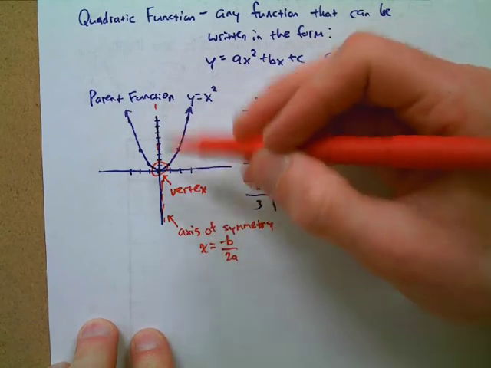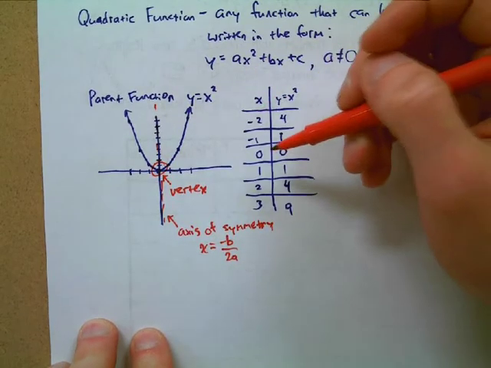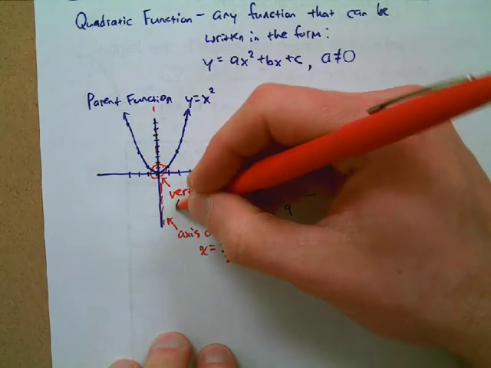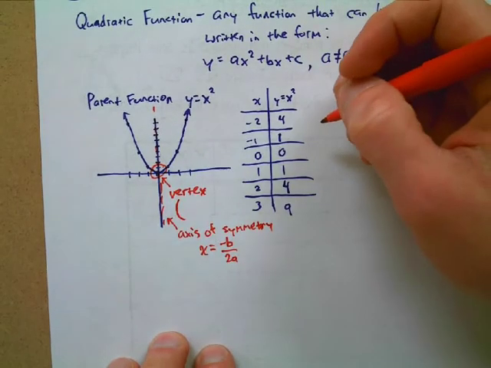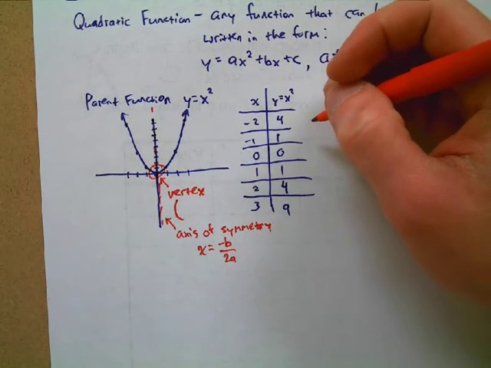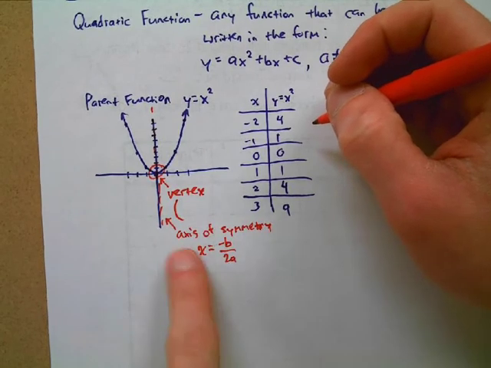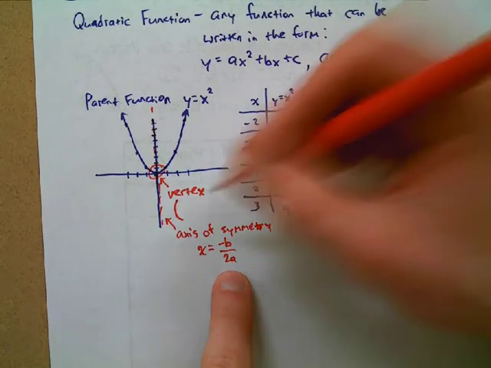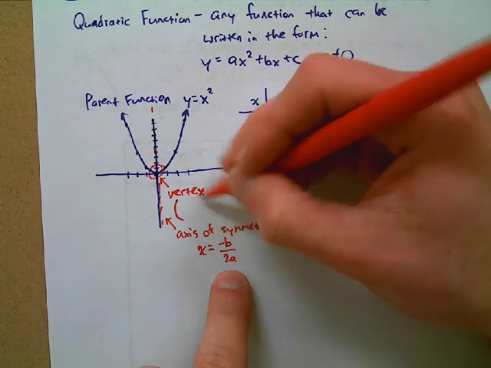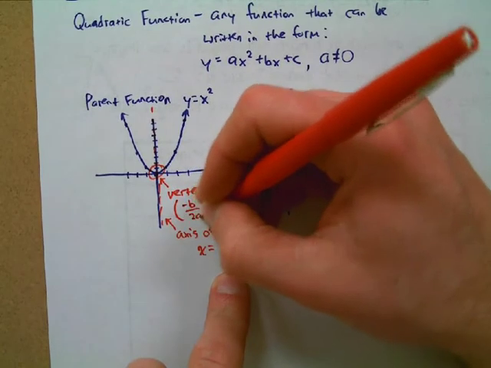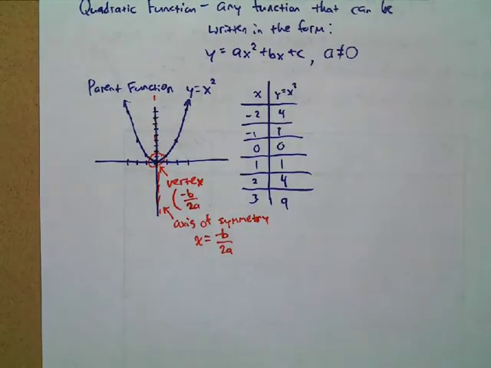The vertex is the center of the parabola, which means the x-coordinate for the vertex will always be what? Well, in this case it's 0, but if it's transformed, it might not be 0. If we know our axis of symmetry is always of this form, x equals negative b over 2a, that means the x-coordinate for the vertex will also be negative b over 2a.